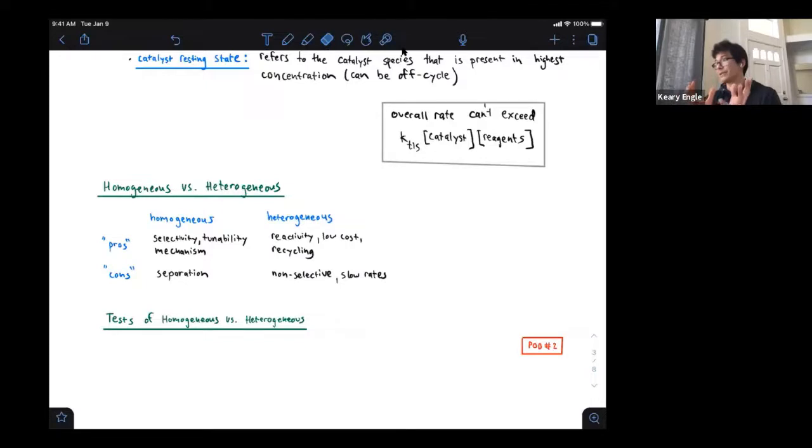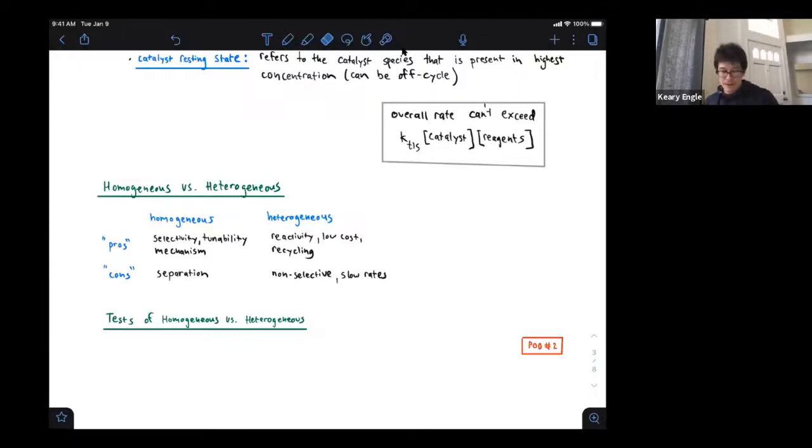Ligands are our hands as organometallic chemists at the transition state to affect bond making and bond breaking. And then a con that especially anybody in process chemistry will tell you is the separation. Sometimes you're using these homogeneous metals and you can't separate them from your API if you're working in pharma, which can be a huge headache and require separate steps just to scavenge metals.